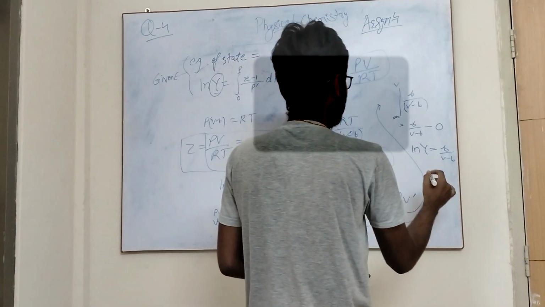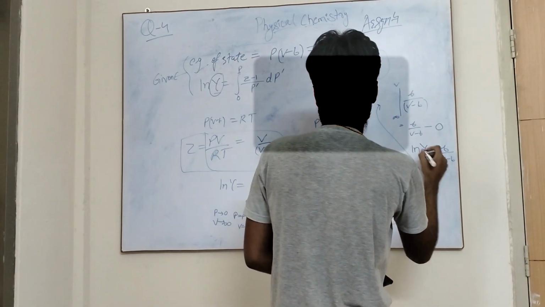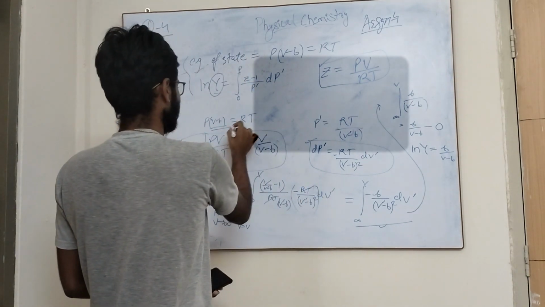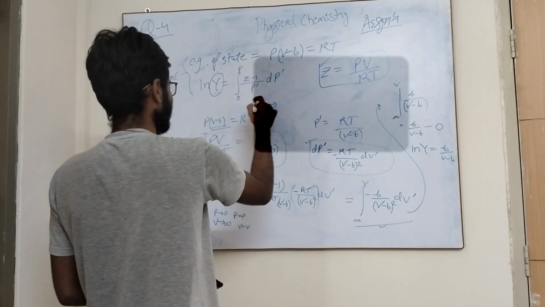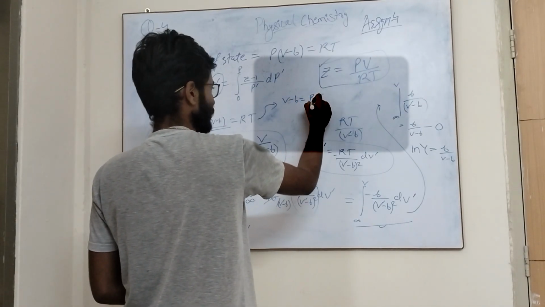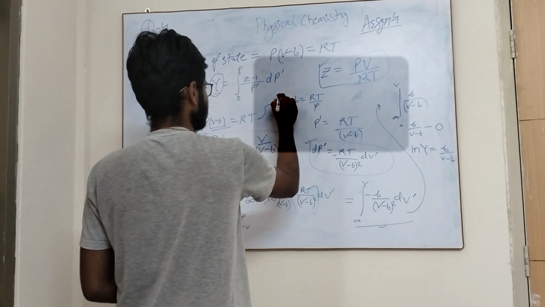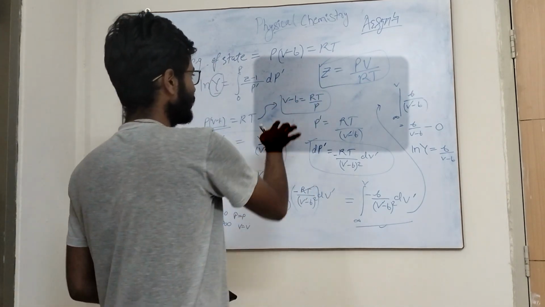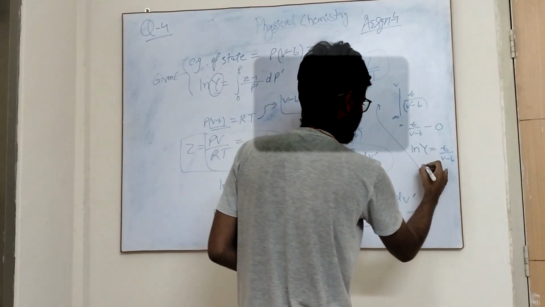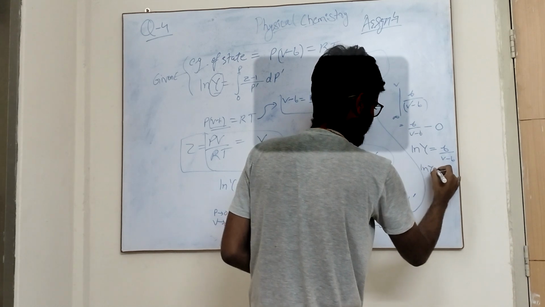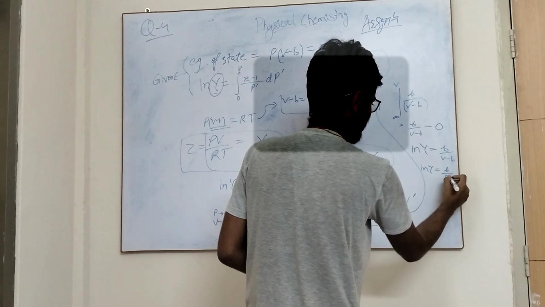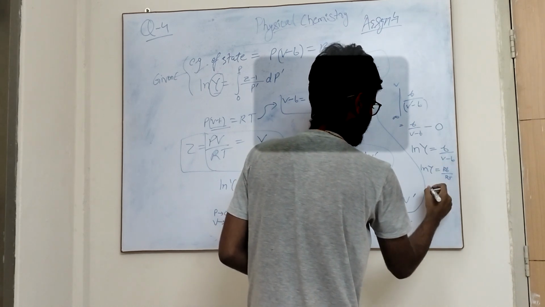Change V minus B. See, from the equation of state given, we can write V minus B is equal to RT by P. Put V minus B equal to RT by P here, you will get natural log of gamma is equal to B by RT by P, and P will go up.